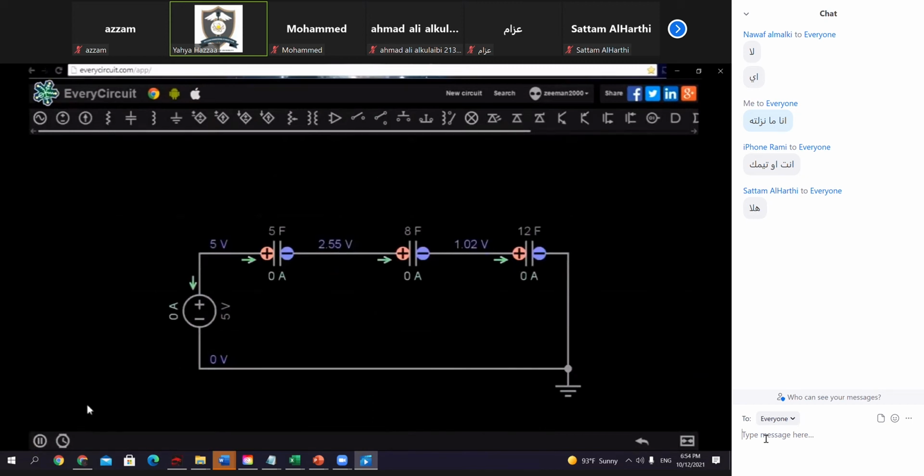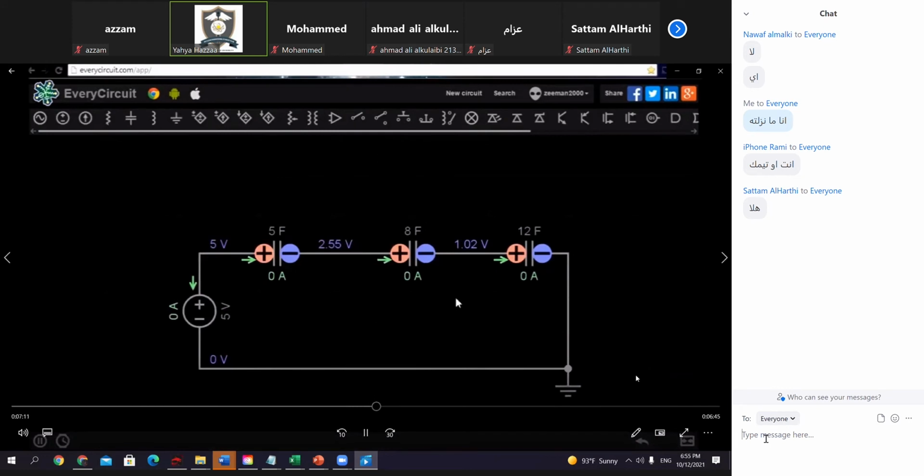Notice there is also a drop in voltage as it passes over each capacitor. In a capacitor series circuit, we need to calculate what the total capacitance is, what the total charge is, and how much the voltage will drop. Let's take a look at the equations for this.